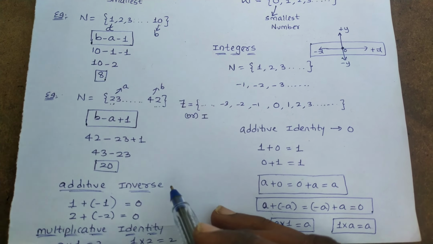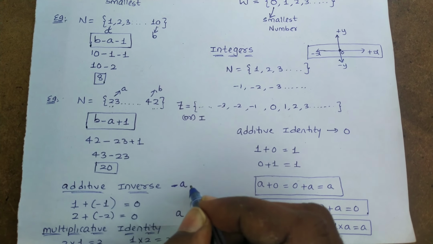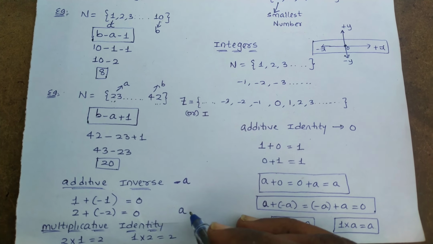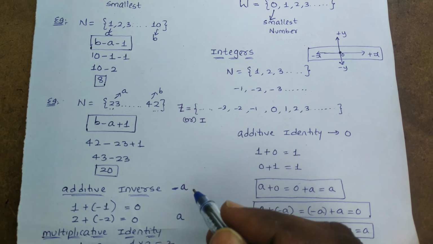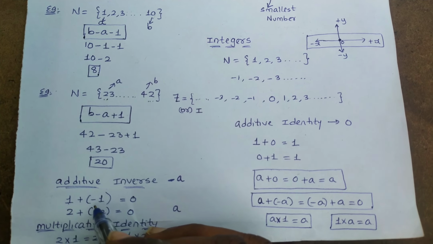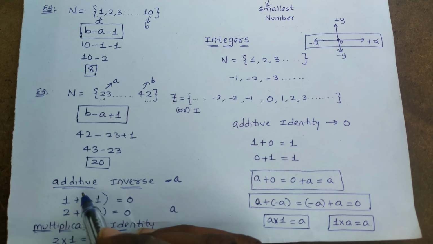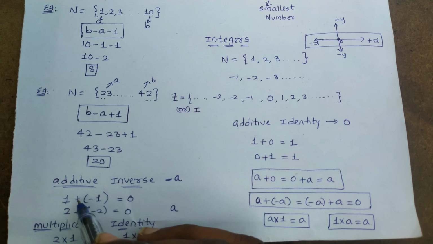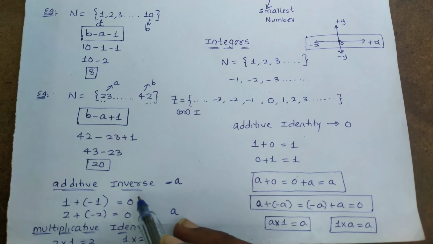In a similar manner we will see one more property, that is the additive inverse. Additive inverse is nothing but minus a. If a is any integer, then minus a is the additive inverse of that particular integer. Suppose I take 1, then -1 is the inverse of 1, right? We are adding it, that's why it is the additive inverse. So 1 plus -1 will give you 0.